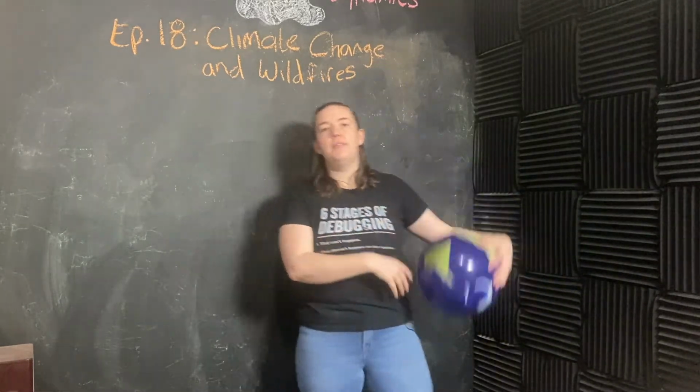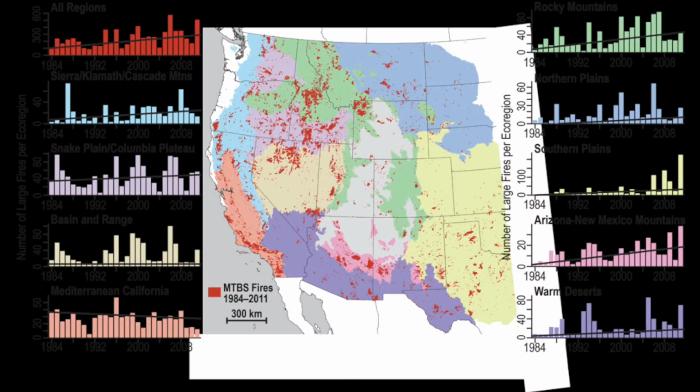Is that what we see? Well, please enjoy this graphic, which looks at instances of wildfires in different regions in the United States. And I want you to draw your attention to that light blue region in central and northern California.